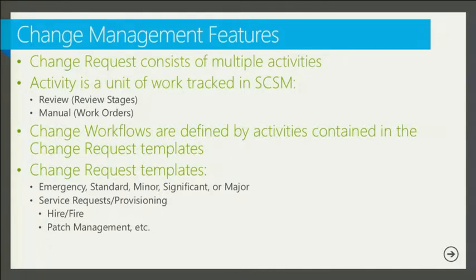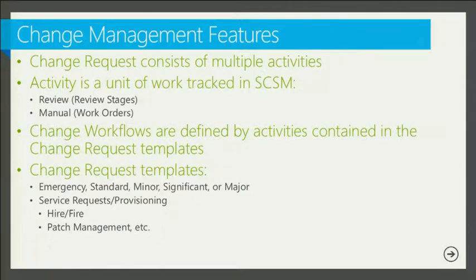So looking at the change management features a little bit further, we have many different types of activities, and we certainly need to cover these. Review and manual activities are out of the box, the things that you would expect to see, but we have a wide variety of other activities that we can take advantage of too. Things like parallel activities, dependent activities, and things like that.